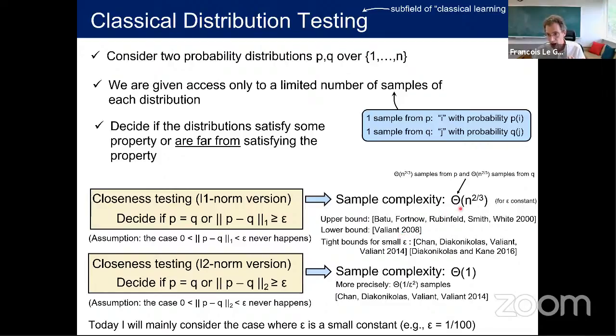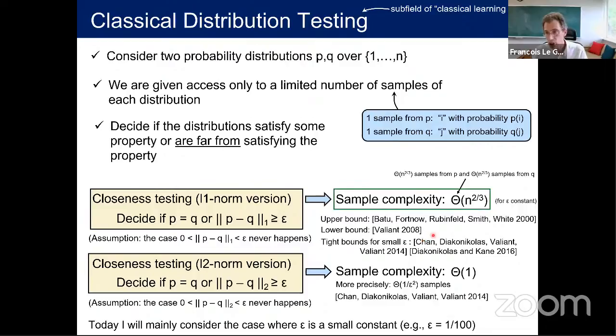Here I write n to the 2/3 because I'm assuming that epsilon is constant. If you really want the dependence on epsilon, it requires more work. It was done very recently, in 2016. So now we have tight bounds, and we even know the exact dependence on the parameter epsilon.